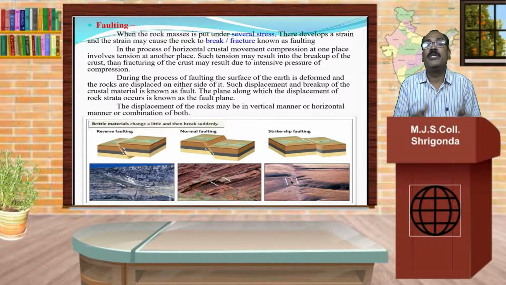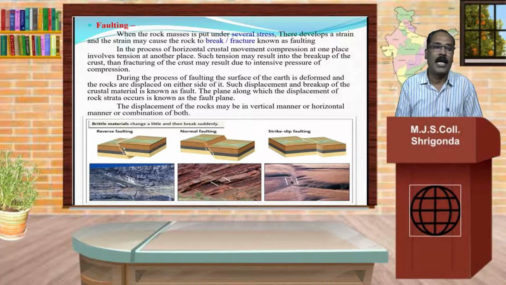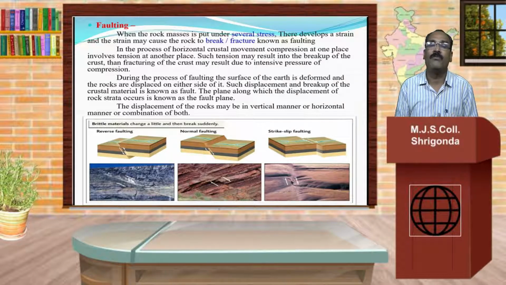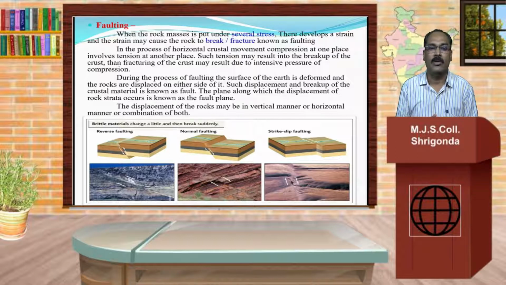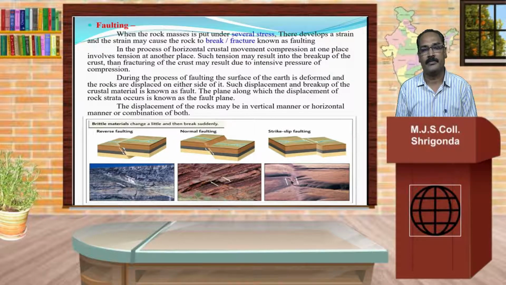During the process of faulting, the surface of the earth is deformed and the rocks are displaced on either side of it. Such displacement and breakup of the crustal material is known as faults.